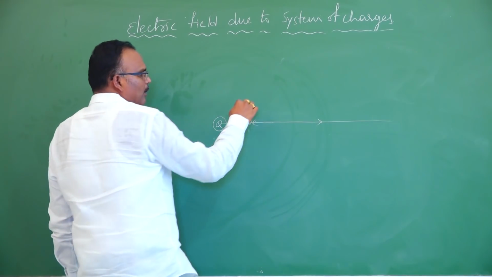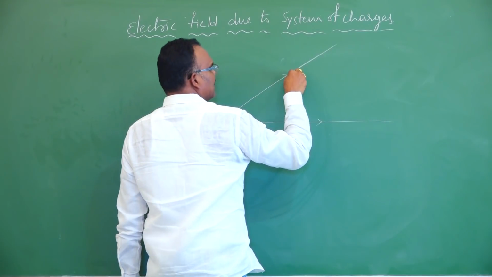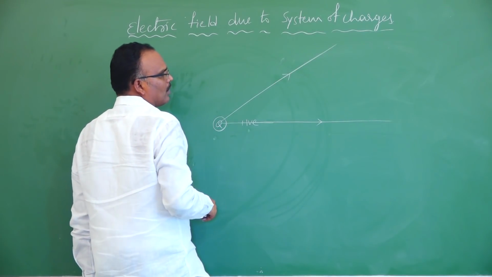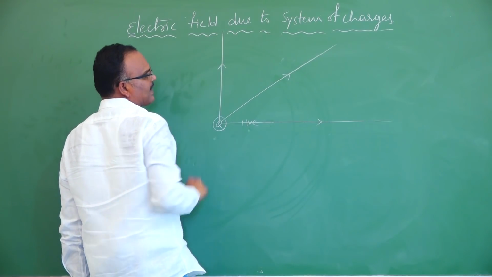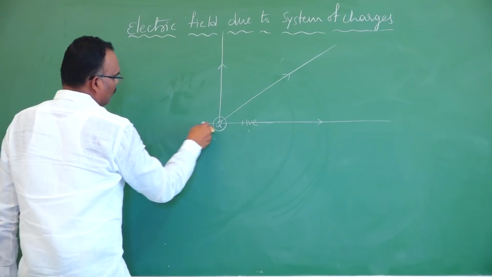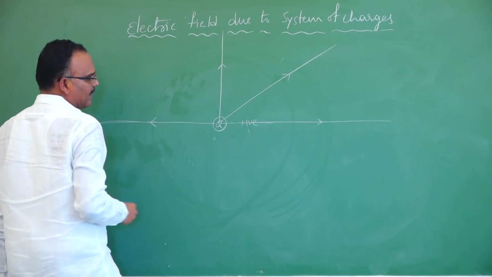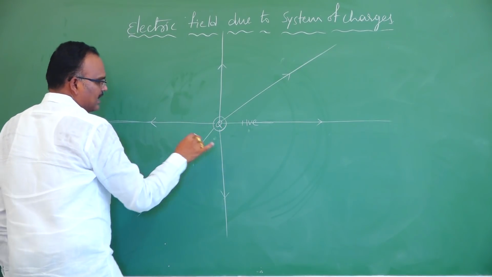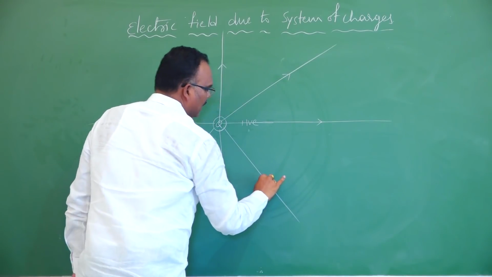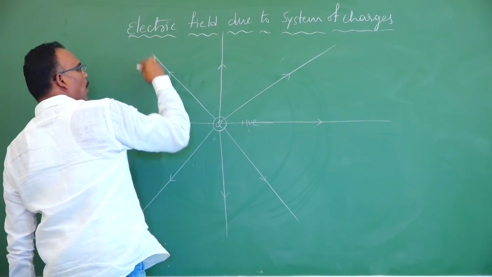If you place a unit positive charge here, it will repel unit positive charge in this direction. Okay, if you place a unit positive charge here, it will repel in this direction. If you place a unit positive charge here, it will repel in this direction. This field line goes to infinity. So these are the paths traced by unit positive charge when you place it at these points.